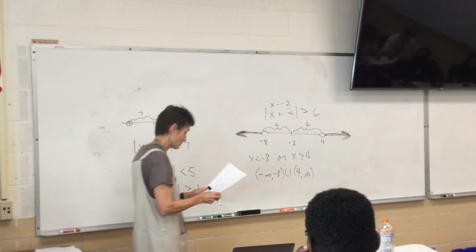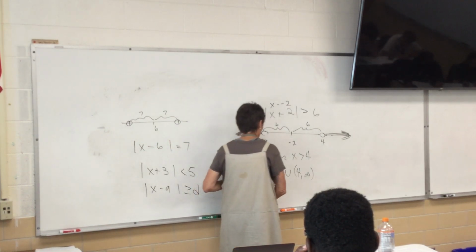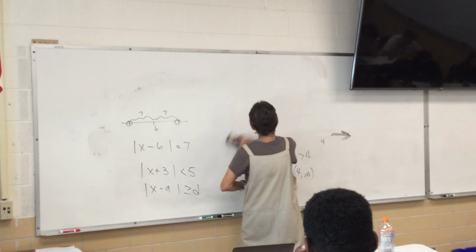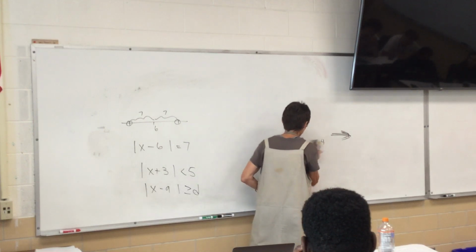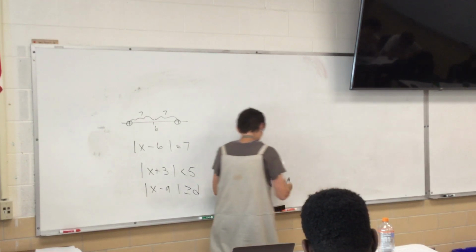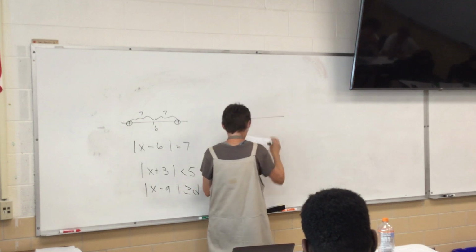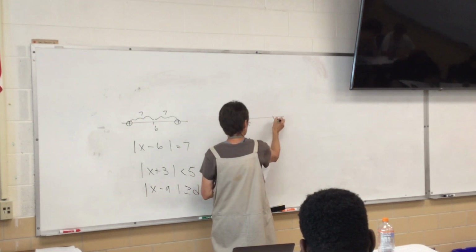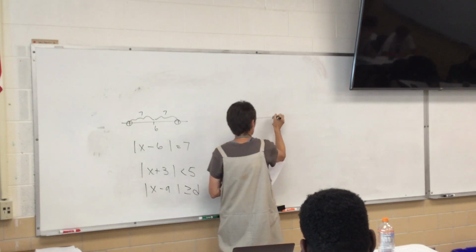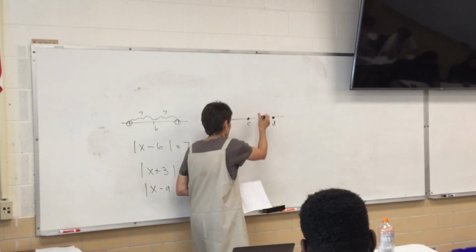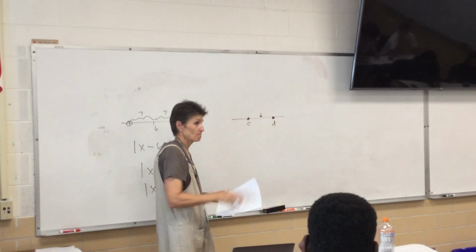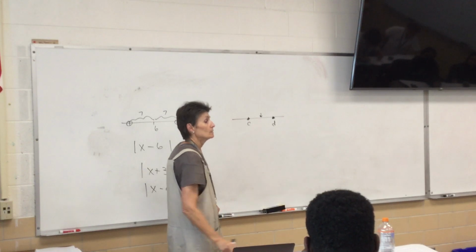Okay, we're doing great. Now we're going to talk about midpoint. If you're on the number line, how do you find midpoint? So we've got, here's my number line. I've got a C and a D. How do I find the midpoint? This guy right here, how do I find him? You average them, so it would be C plus D divided by 2.